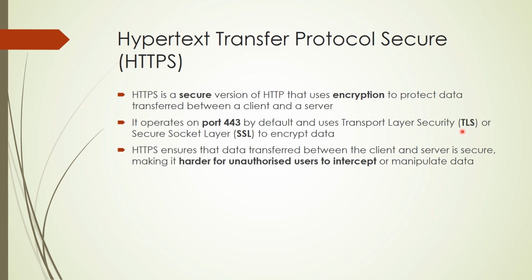Definitely it's using TLS because TLS is the latest version of SSL. HTTPS ensures that data transfer between the client and server is secure, making it harder for unauthorized users to intercept and manipulate data.